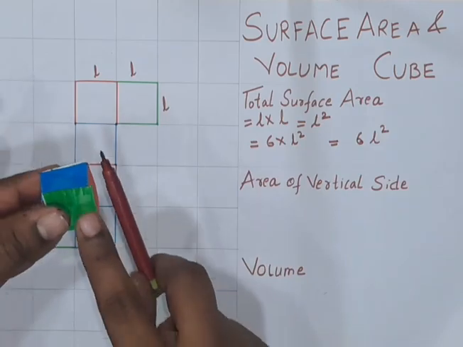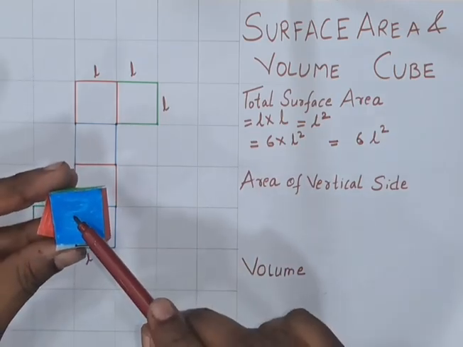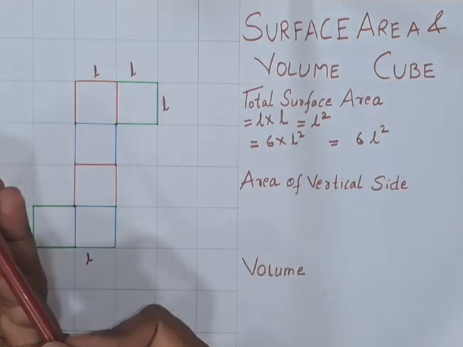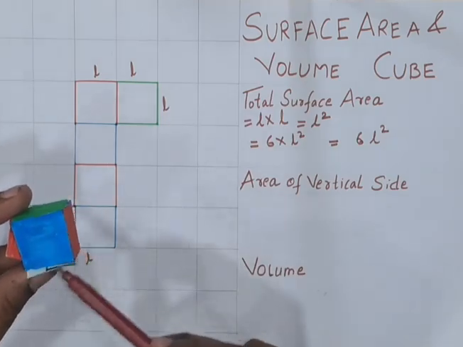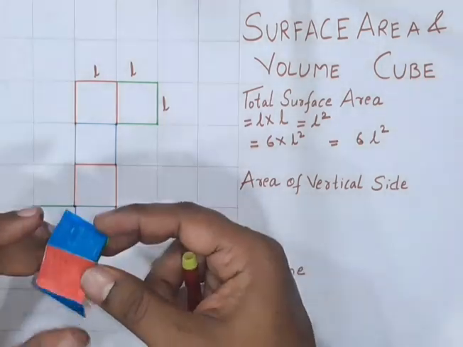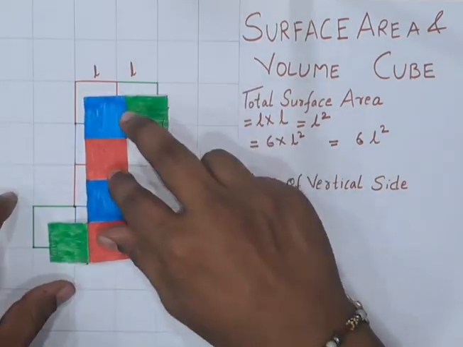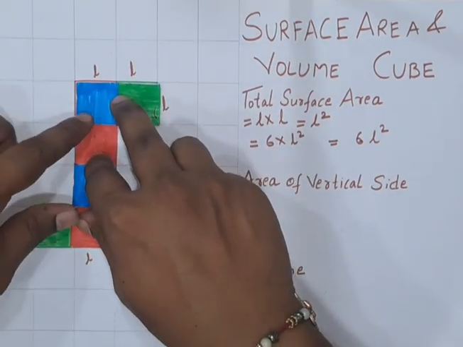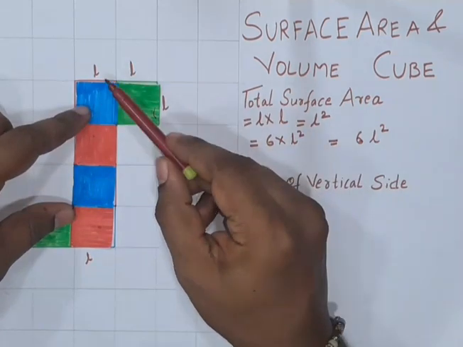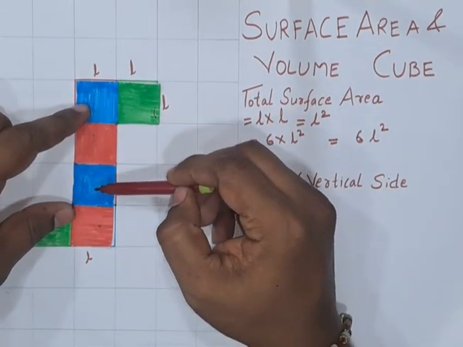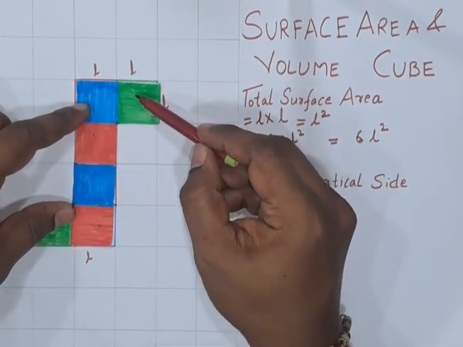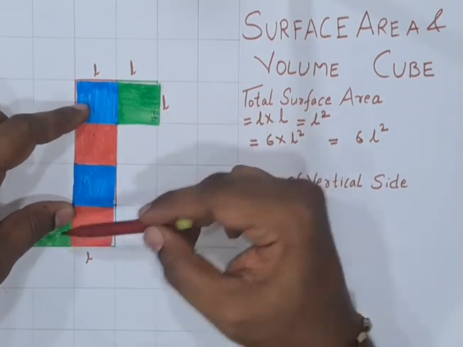Red is a vertical side, green is a vertical side, blue is the top, and this other blue is the bottom. So we exclude the blue portions and calculate the area of the others.